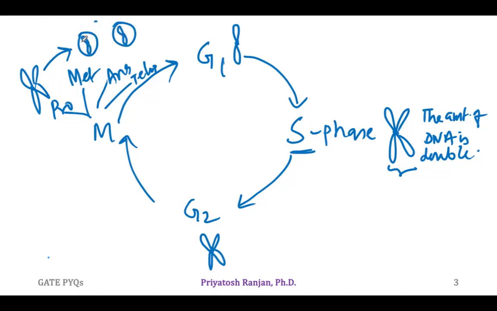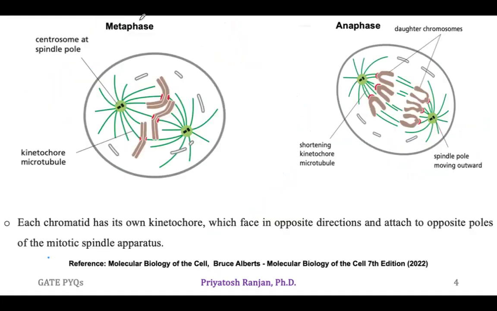Now, look at the structure of this chromosome. These 2 sister chromatids will again get separated and we'll have 2 identical daughter cells. I'm calling this a chromosome, and even this a chromosome, the only difference being the amount of DNA is doubled here in the S phase. And at the end of the M phase, this will result in 2 identical daughter cells having a single chromatid.